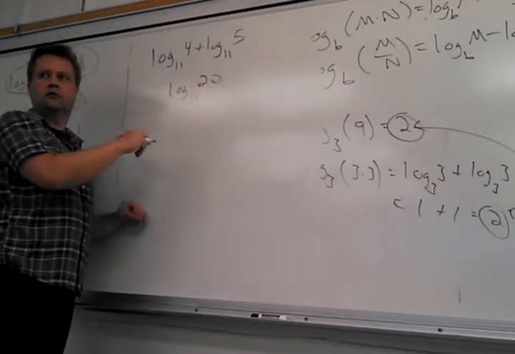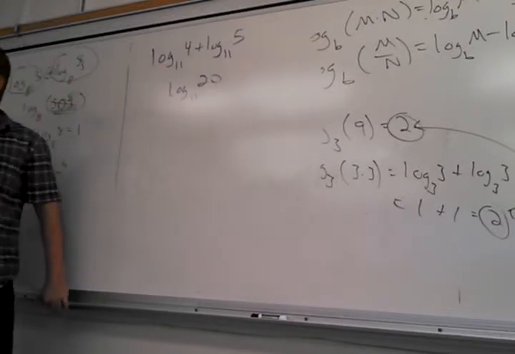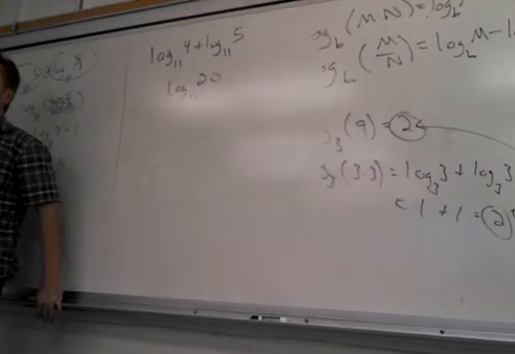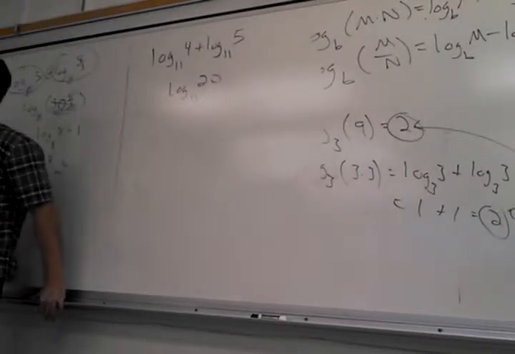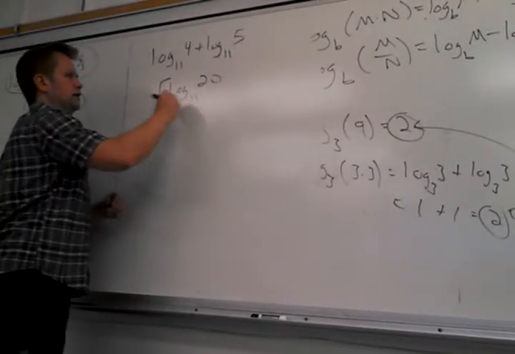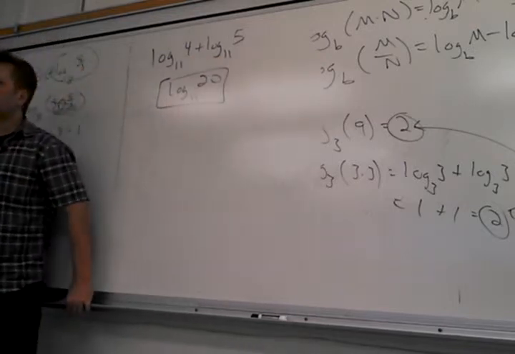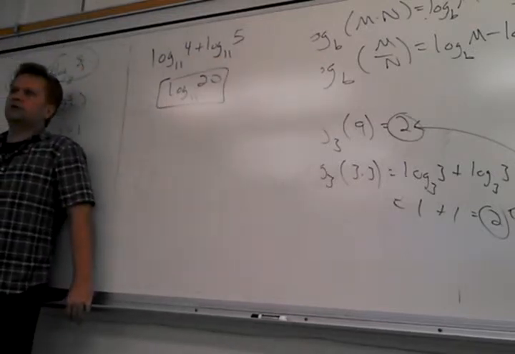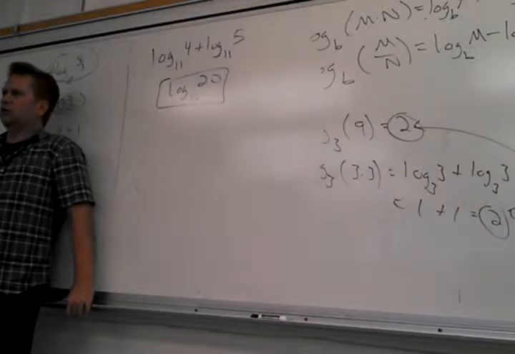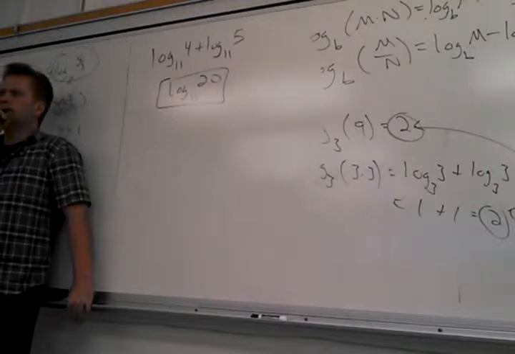Can you do anything with that? No, but you still simplified it. Not very satisfying, I understand, but I still applied the property. I got one less log. If I want to get rid of logs, normally we're going to simply put stuff together, right?